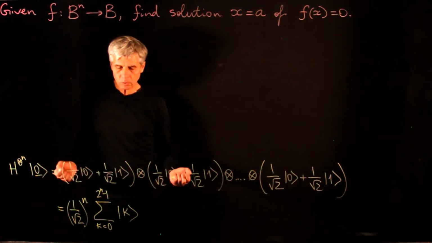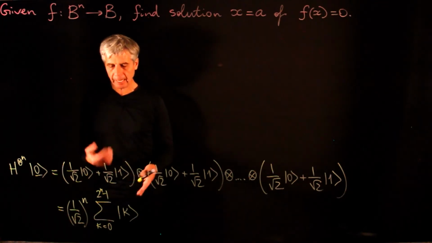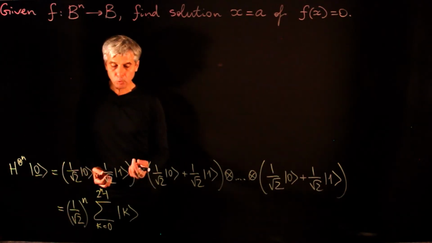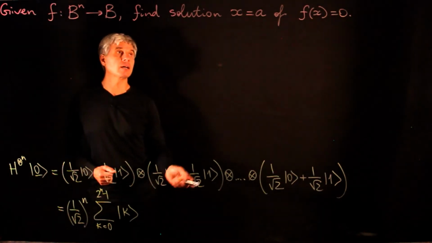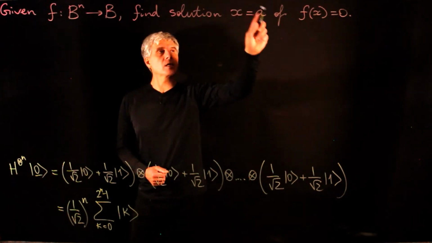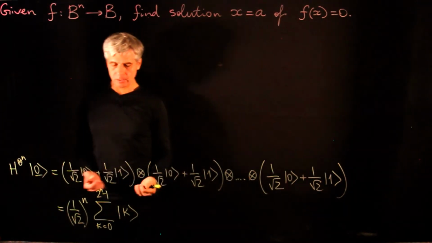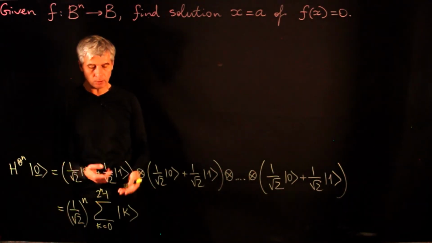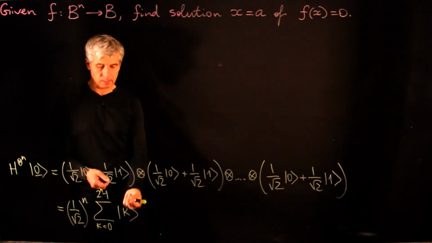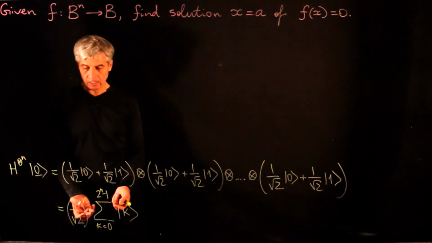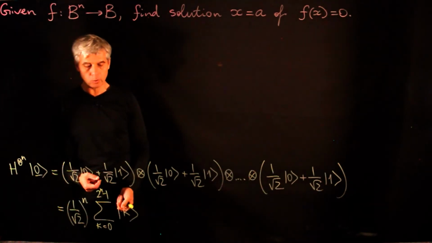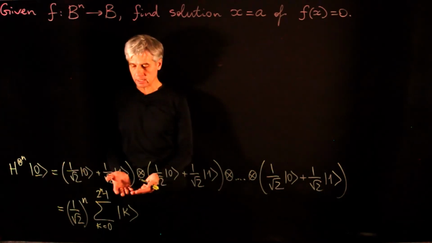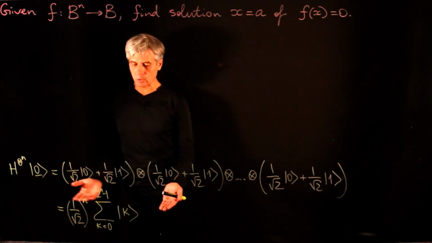So what we need to do is apply a certain transformation to this initial state, with the goal of boosting the coefficient at the desired input x equals a. Right? So somehow we need to arrange our unitary transformations in such a way that the coefficient at a is increased to a value which is close to 1, and the coefficients at all other inputs are decreased close to 0.